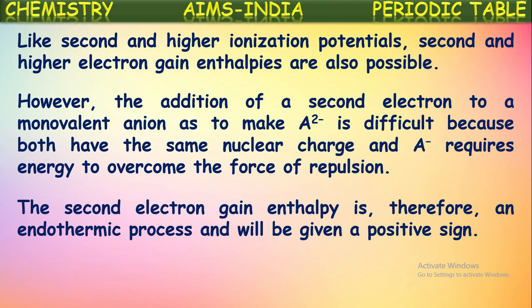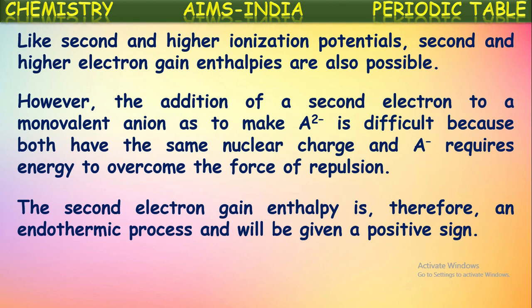That means as in the first electron affinity, a certain amount of energy is released by the atom while gaining an electron. But while gaining the second, third, fourth and higher electrons, atoms need energy instead of releasing it. That is why we say second and higher electron affinities are endothermic, whereas first electron affinity is exothermic.